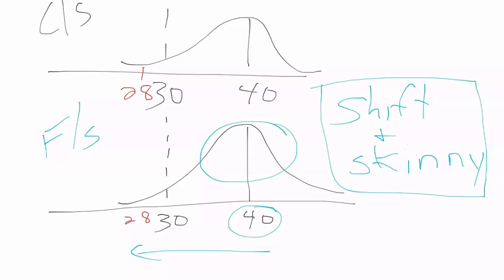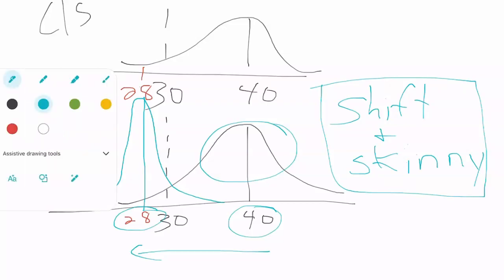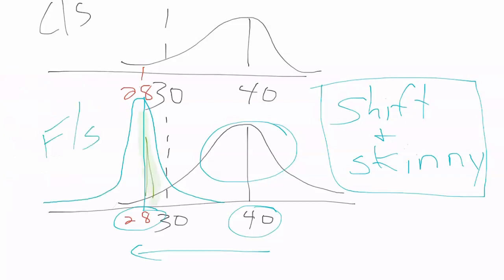In the shift and skinny approach, what we'll do is develop solutions that do shift future state performance to the 28-minute mark, but will also reduce that variation, and the curve will look something like this. Now in this version, average is at 28 minutes like we're looking for, but because we have created a solution set that addresses variation, a large amount of customers are satisfied.